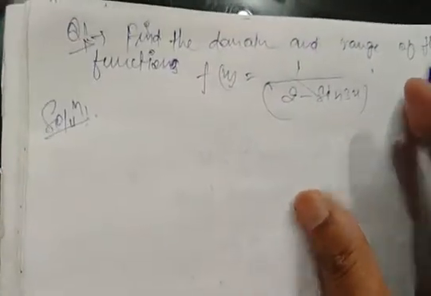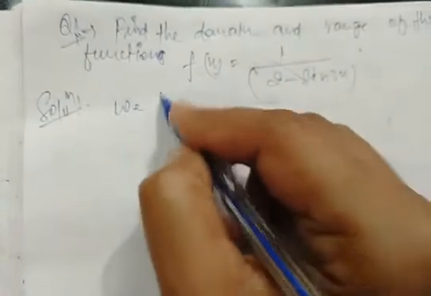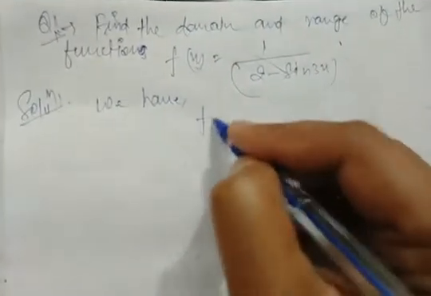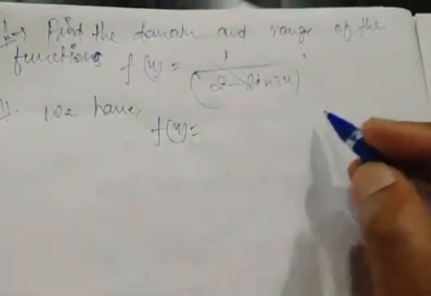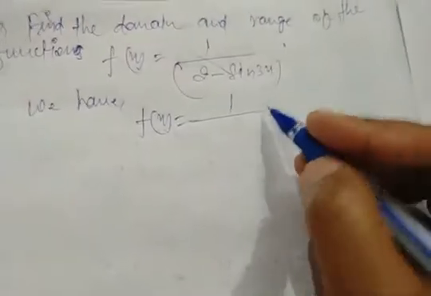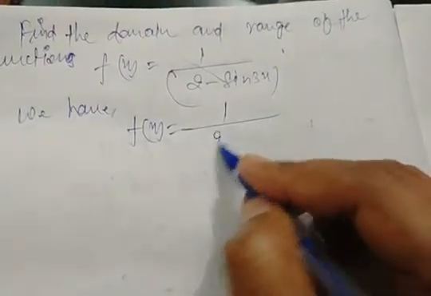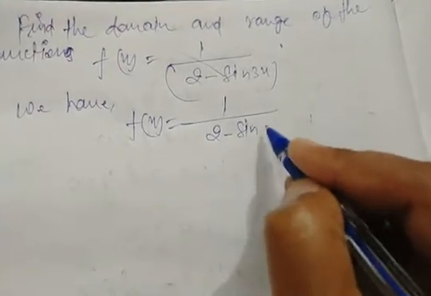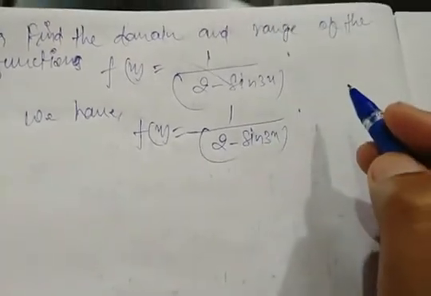First of all, we have f of x is equal to 1 upon 2 minus sine 3x.